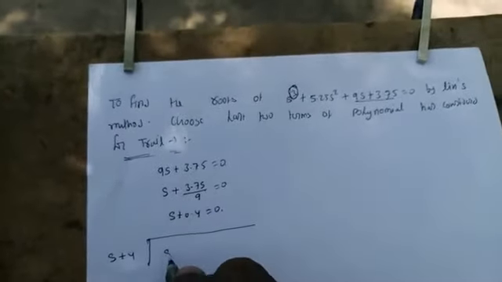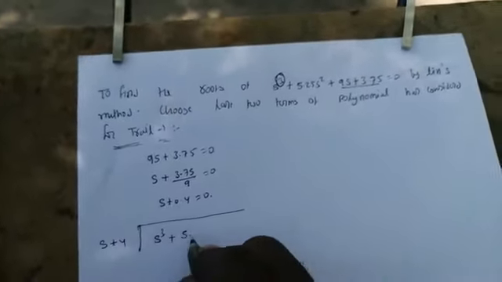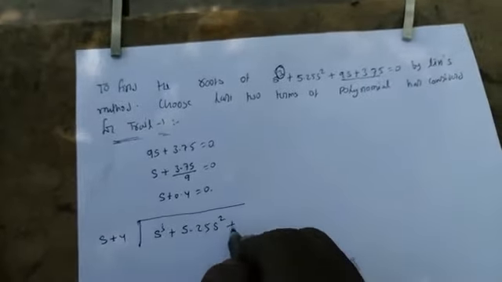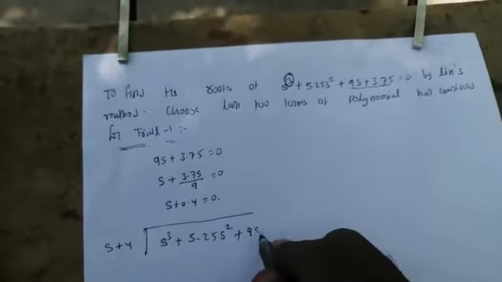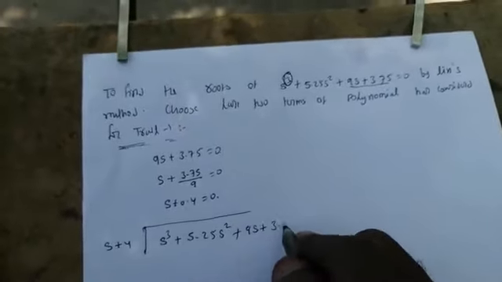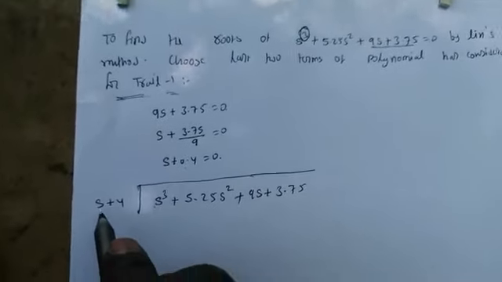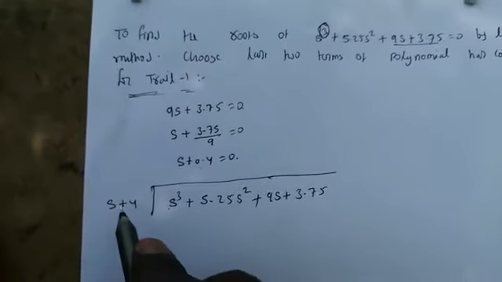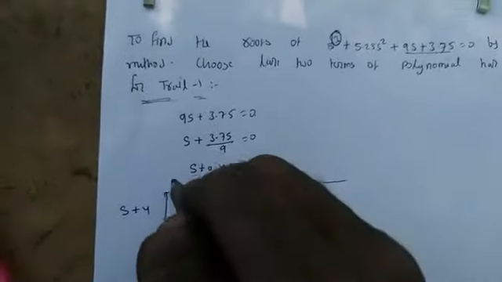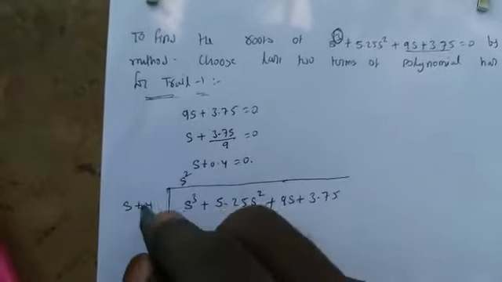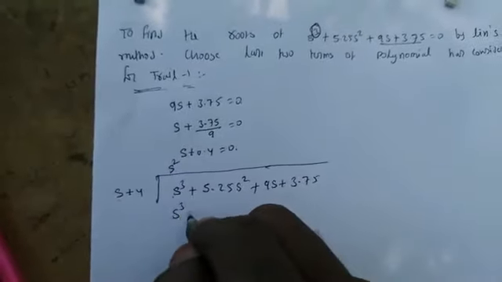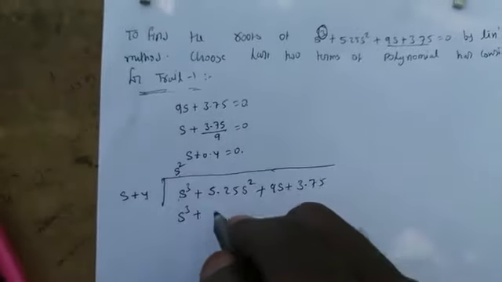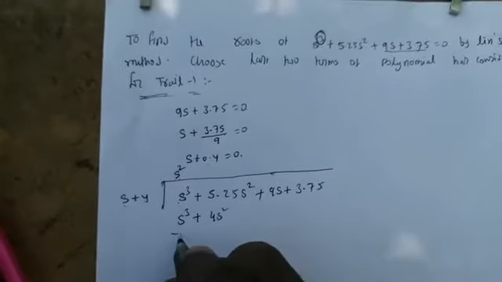So here s cubed plus 5.25 s square plus 9s plus 3.75. Now we have to cancel each term. We get s cubed by multiplying s with s square. So s into s square is s cubed, plus 0.4 into s square, 0.4 s square.